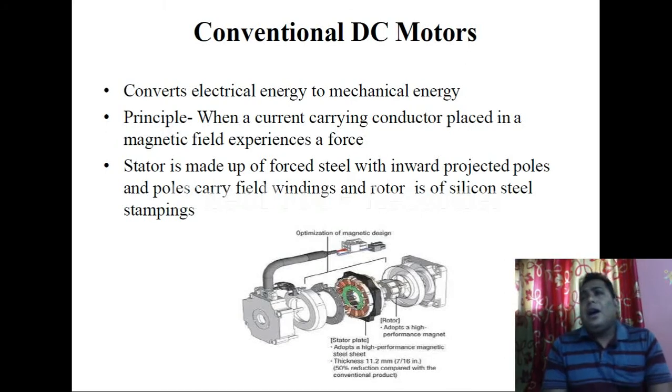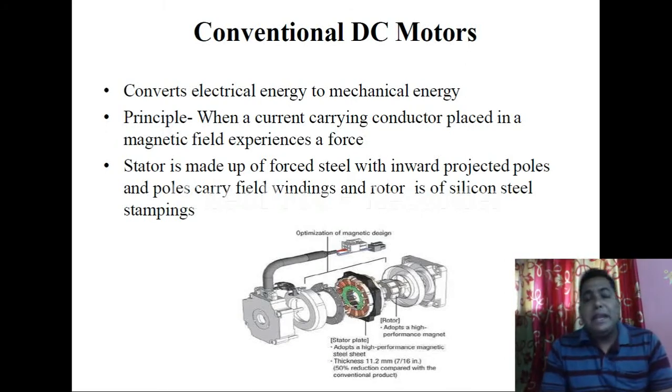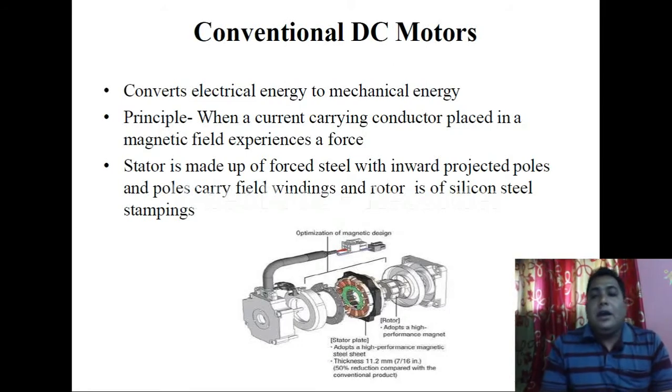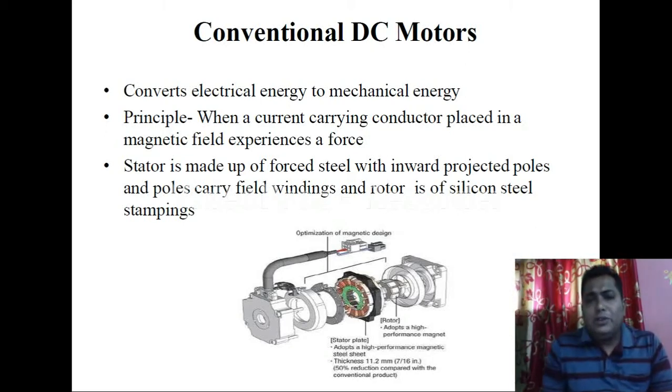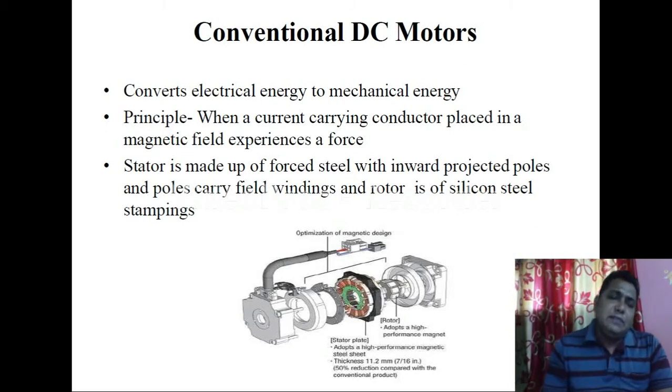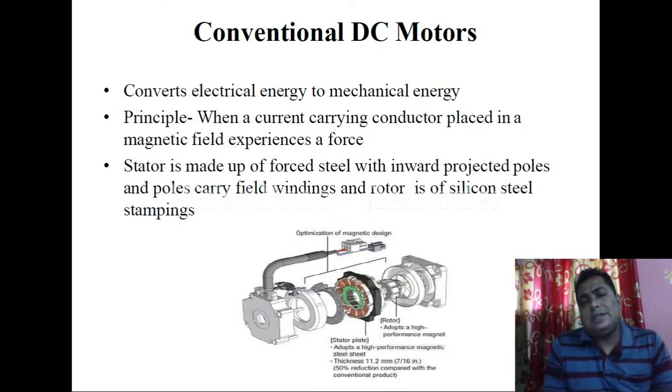Now let us see what is written. The stator is made up of forged steel with inward projected poles, and the poles carry the field winding, and the rotor is of silicon steel stamping. In a DC motor the stator is the outer periphery, the stationary part. The inner portion of the stator has some slots, known as stator slots.